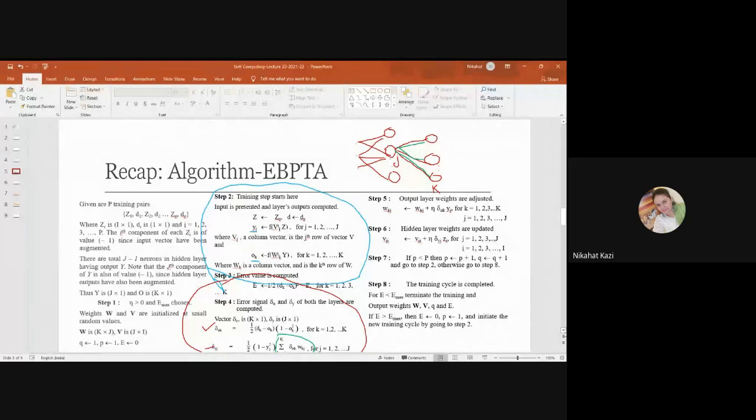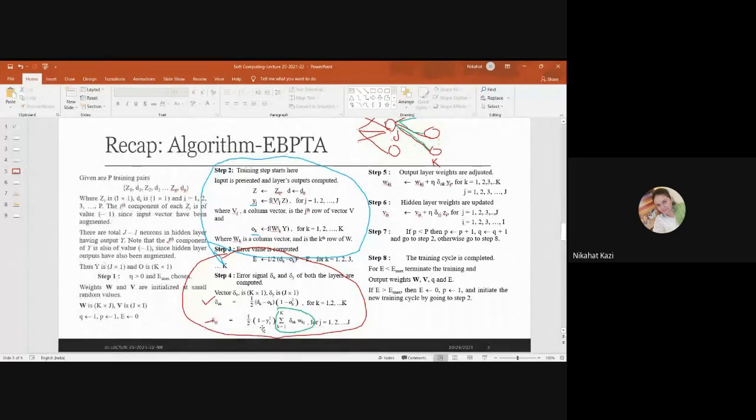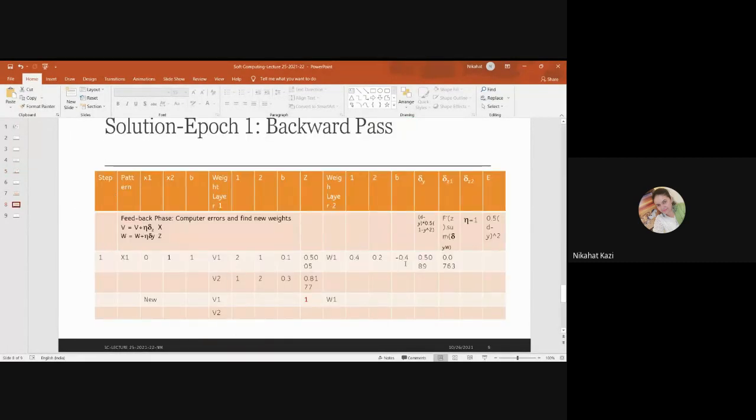This is the equation. Half 1 minus that z square times the error signal. You should get 0.0763.